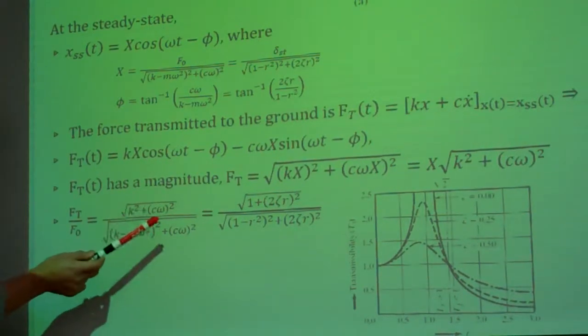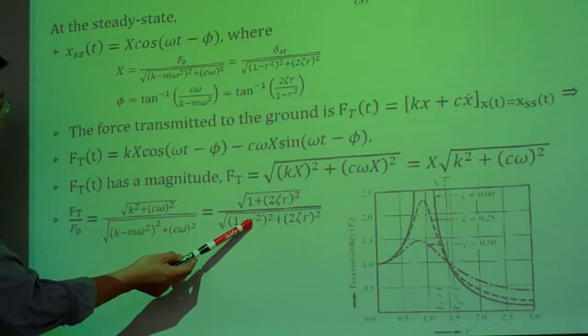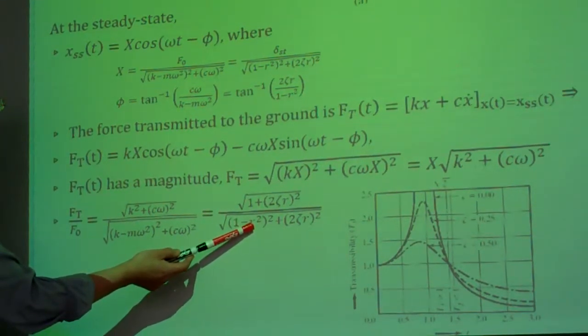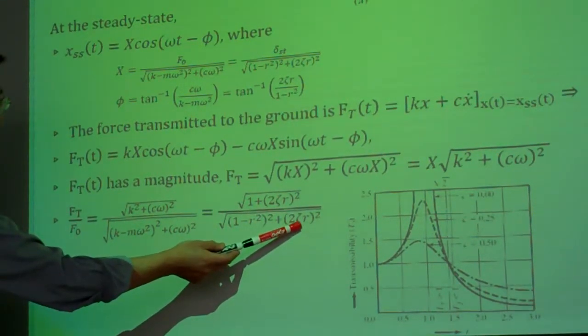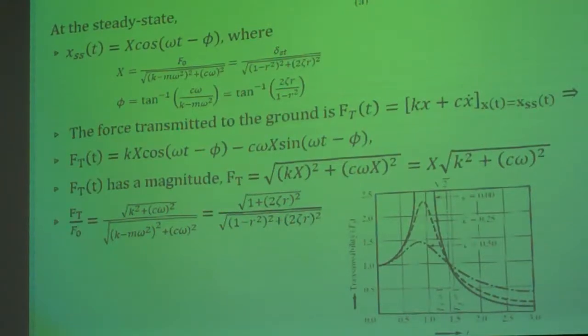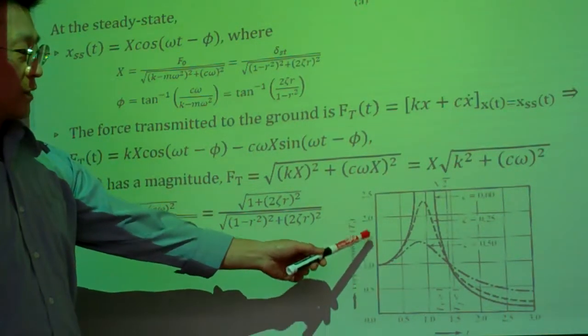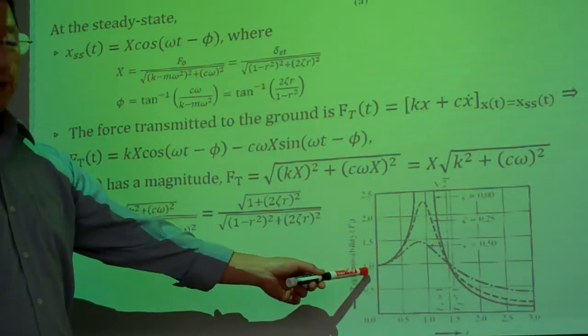And this form, using similar techniques, can be expressed in terms of r. r is the frequency ratio, and zeta is the damping ratio, sorry. Okay. So this graph will be the second new thing, and this will be the first time it appears here.